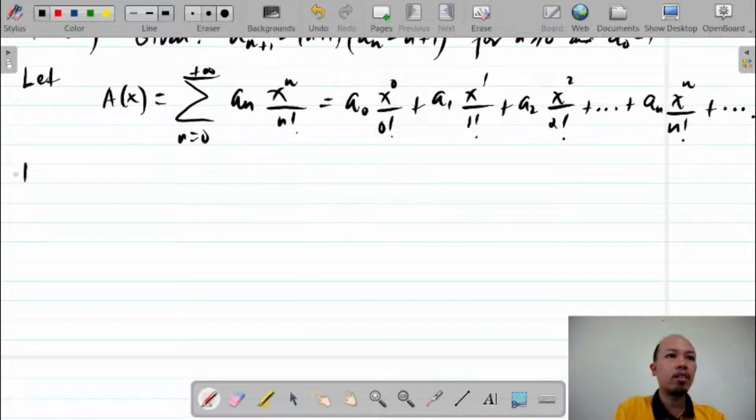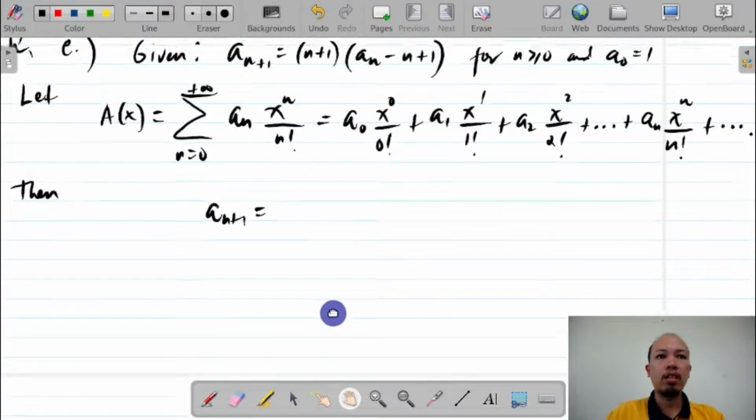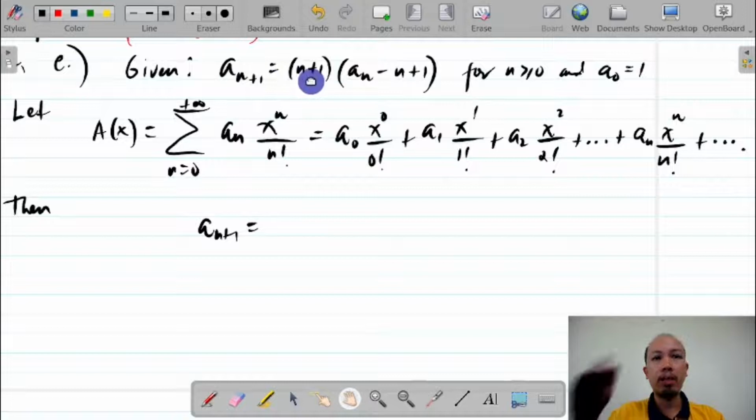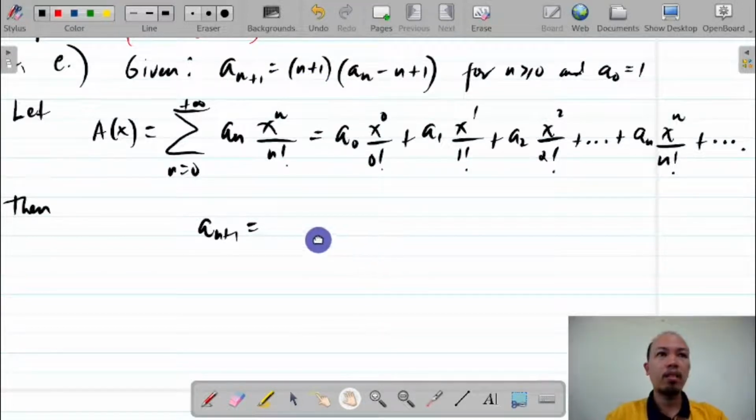Then as before, we are going to multiply the given by x to the n. You can multiply by x to the n, but for this problem, n plus 1, let's multiply both sides by x to the n plus 1.